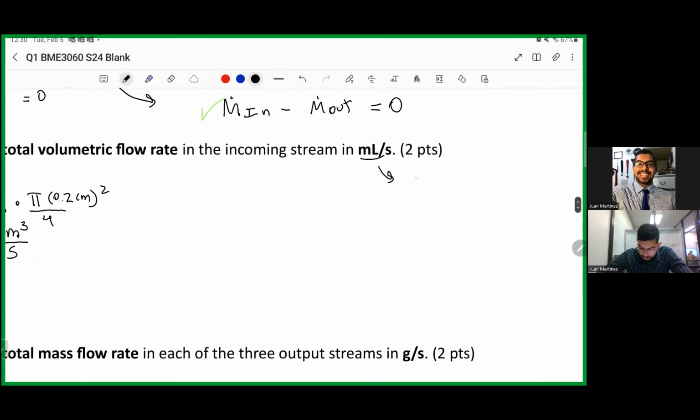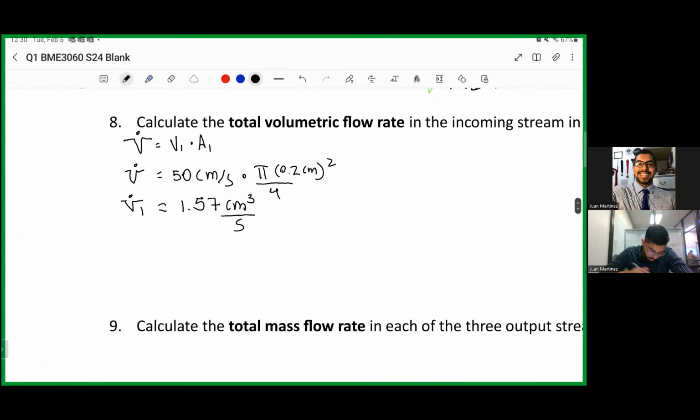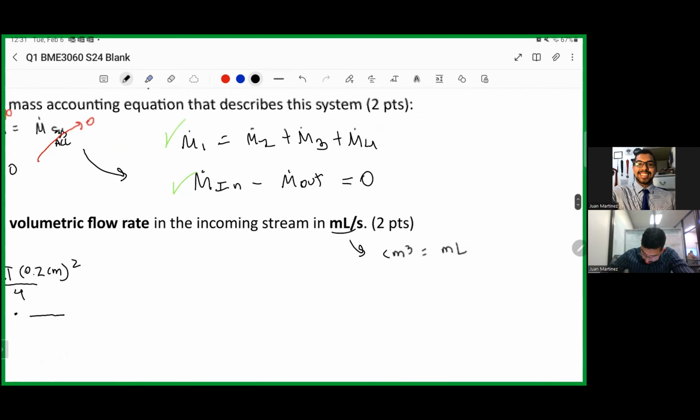You have to know that one cubic centimeter is equal to one milliliter. Sorry, not milli, whatever I said before, that's wrong. And our final answer, we can add that factor here.